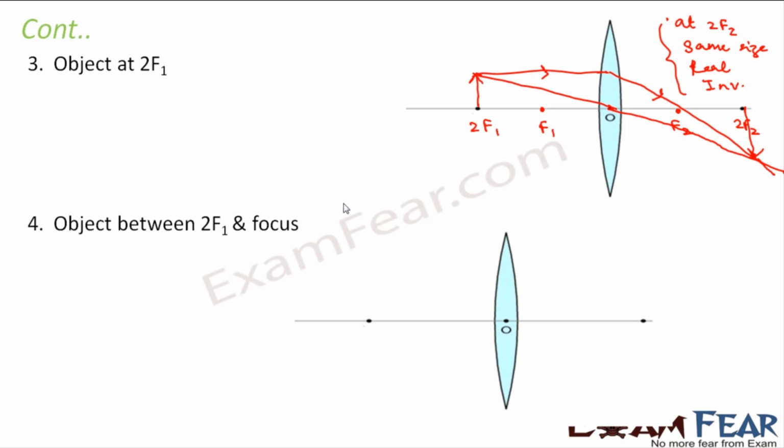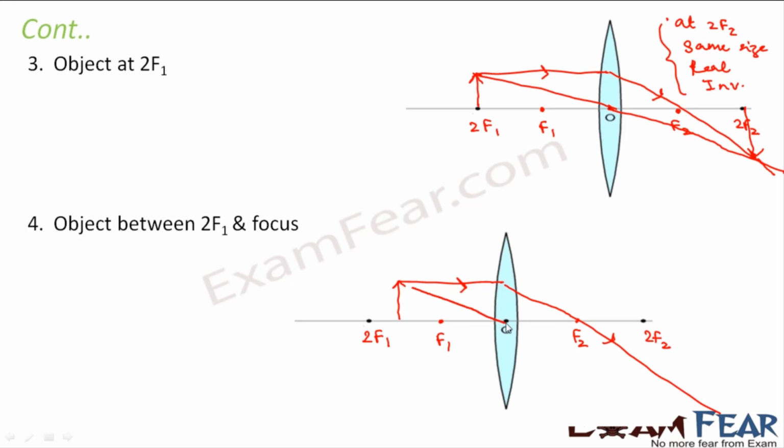Now, object between 2F1 and focus. If this is F1 and this is 2F1, the object is located somewhere here. Similarly, on this side we have F2 and 2F2. The same thing happens here: a ray parallel to the principal axis, after refraction, passes through the principal focus.